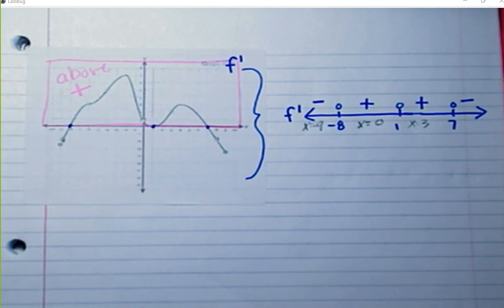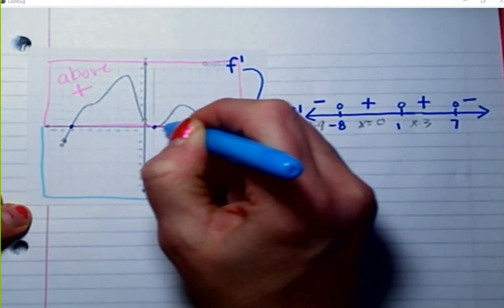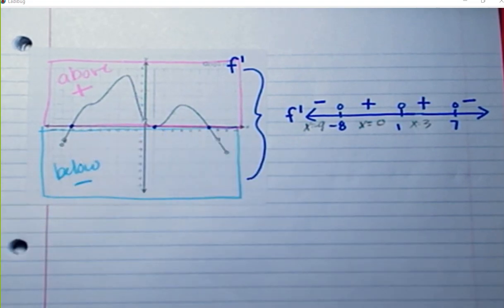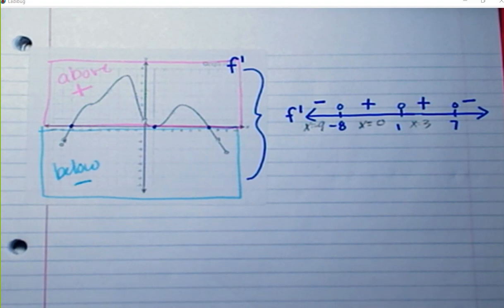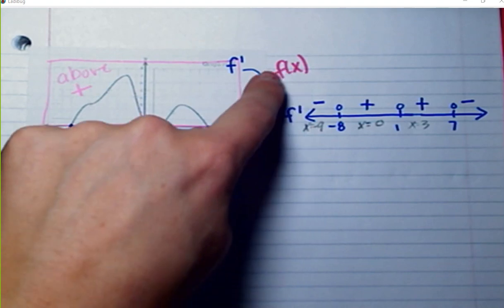All right, so let's say something about, I'm just going to write below, is negative. Okay, look at my label.